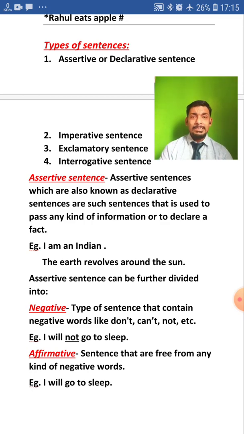Means assertive sentences basically are used for 2 different purposes. First, to pass information, and second, to declare a fact. Now I will try to explain both of them with the help of one example each. In the first example, you can see, my dear students, I have written: I am an Indian.